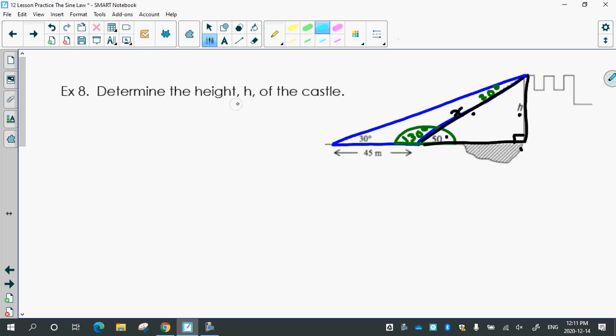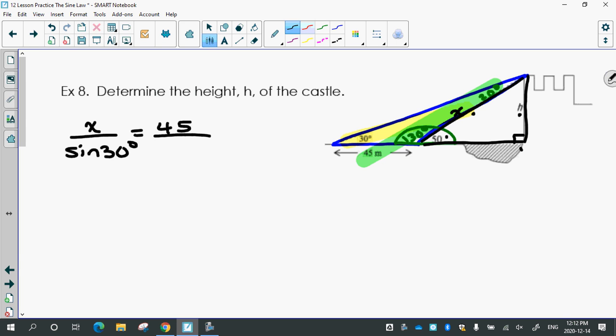I'm going to use the sine law, so I've got the 30 and the X, and I've got the 20 and the 45. I know that's a weird looking triangle, but they are opposite each other. So I'm going to start off with the side I want on the top. So side X over the sine of 30 degrees equals 45 over the sine of 20 degrees. And that's going to give me X. So then I'll just be working with this right angle triangle.